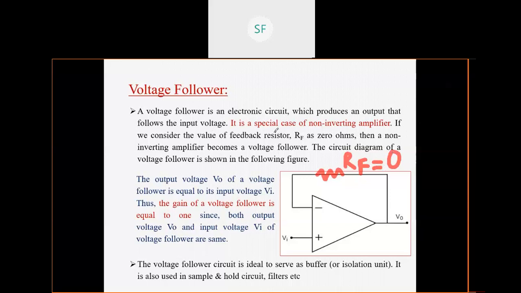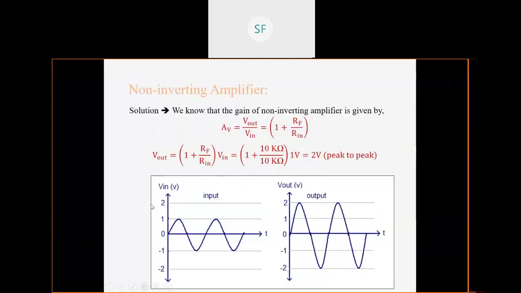So a voltage follower is the special case of a non-inverting amplifier when RF is equal to 0 ohm. Let me explain. I'm going backward to the gain formula for the non-inverting amplifier, and the concept will become clear.